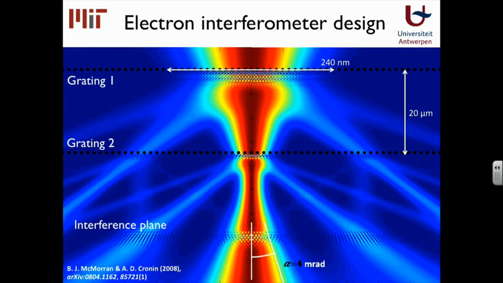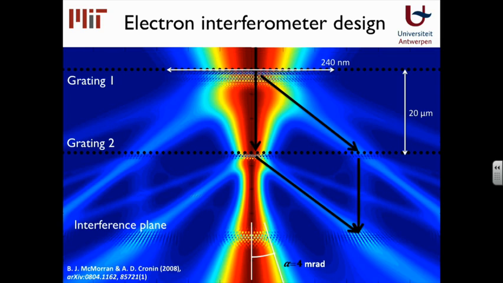You can see the primary beam getting diffracted from the first grating, and then each of these beams gets diffracted again from the second. I've marked out in black here the beams that are of interest to us and that form the interferometer. About 20 microns below the second grating, the beams interfere with one another, and I'm calling that plane where they interfere the interference plane.